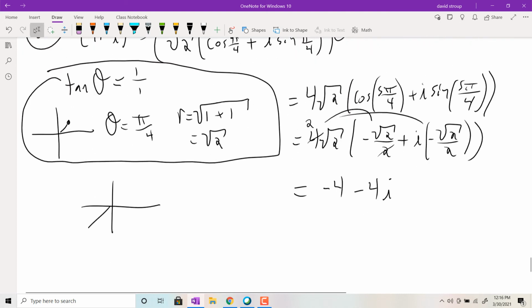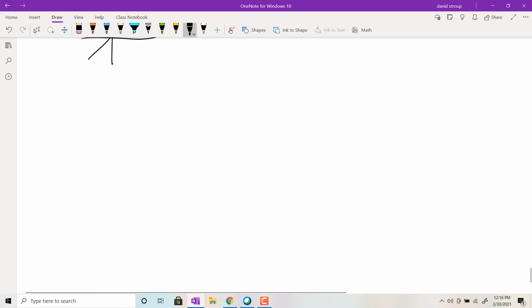Okay. Anyways, the next section is kind of weird, but it is really interesting. The deal is you'll have more roots than what you normally think you have. So if you're looking at x cubed equaling 1, and you want to know what the answer is, there's actually 3 answers.